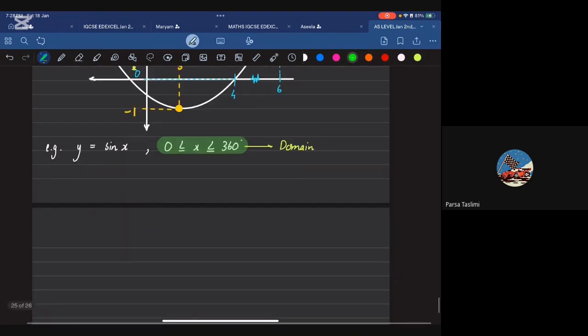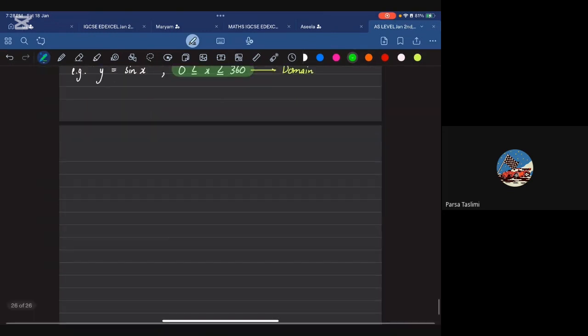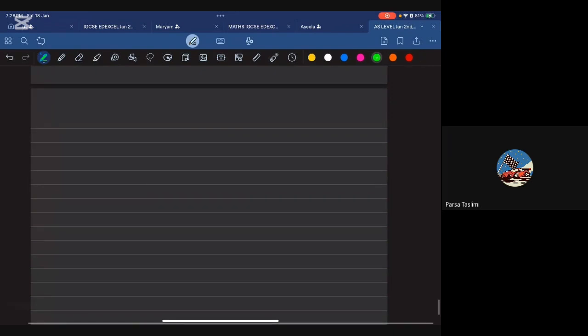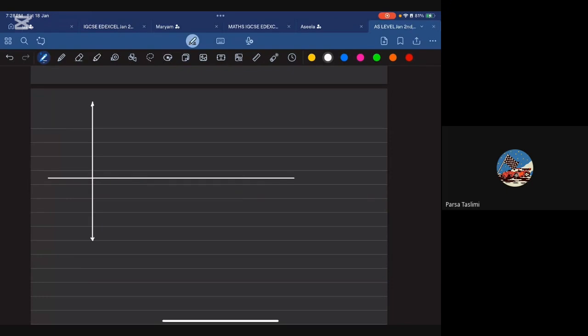All right, now let's continue. What's going to happen now is that we're simply going to have a function y is equal to sine x. And we already know how the trigonometric function looks, it is going to look like this.